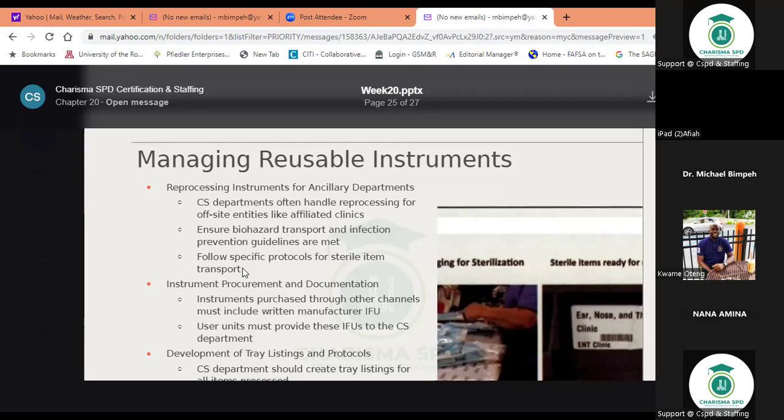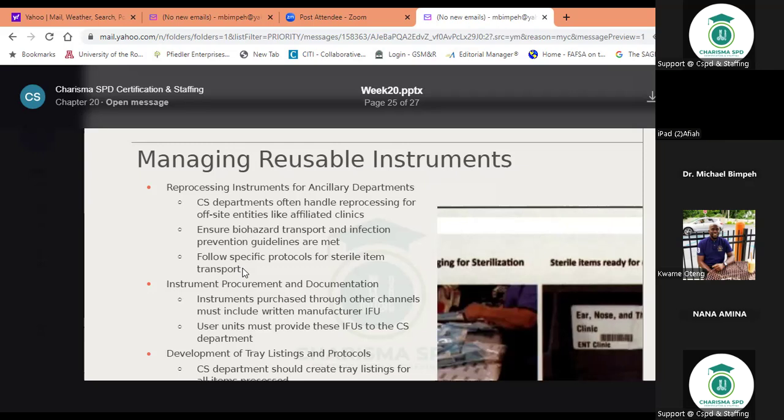When I moved upstate, we had about 6 offsite clinics. One was about 20 minutes away by drive. So these are travel distances that you drive. These are offsite clinics affiliated to us, and we were reprocessing.